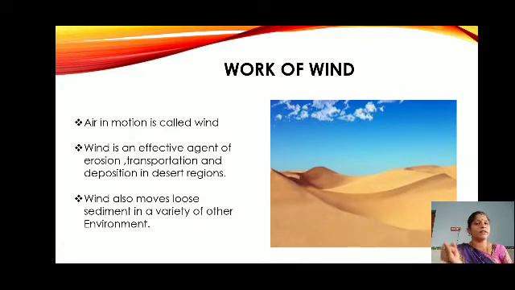We saw this in the work of rivers, in the work of ice, and now in the work of wind and the work of sea waves. Because of erosion and deposition, a lot of changes happen in many places.